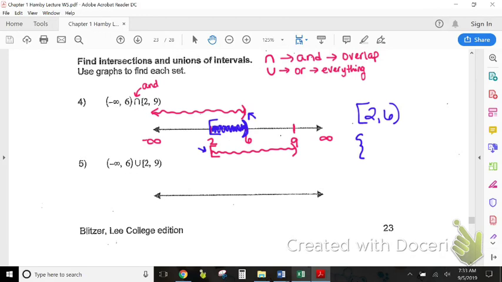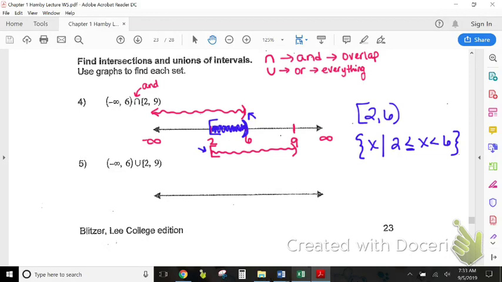Set bracket, excuse me, x such that, yes, 2 to 6, and 2, it's equal to the 2, right? And then close your set bracket. And so we graphed it, and we wrote our answer in interval notation for the top one, and set builder for the bottom.